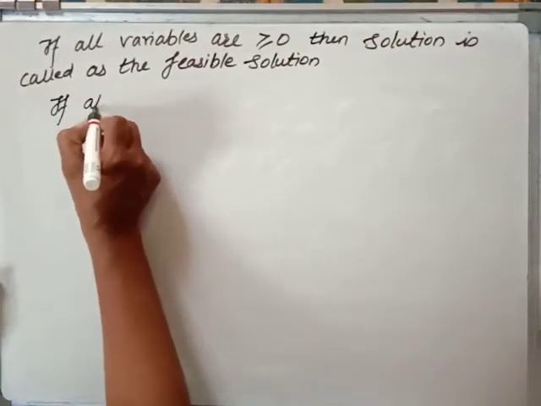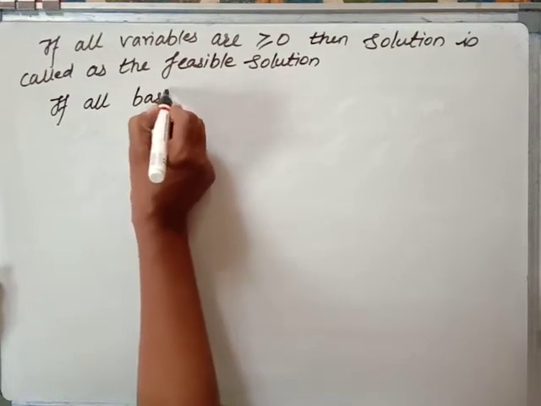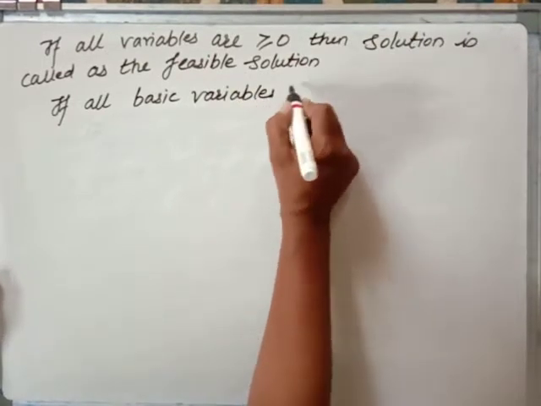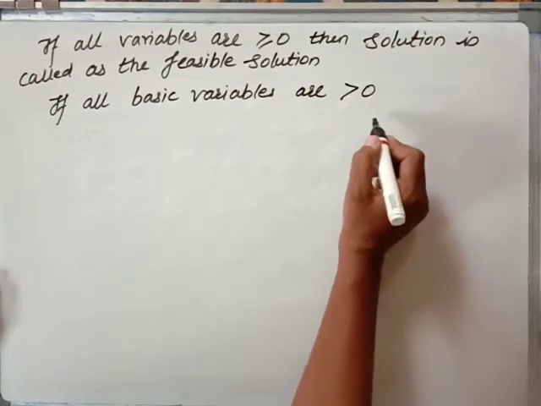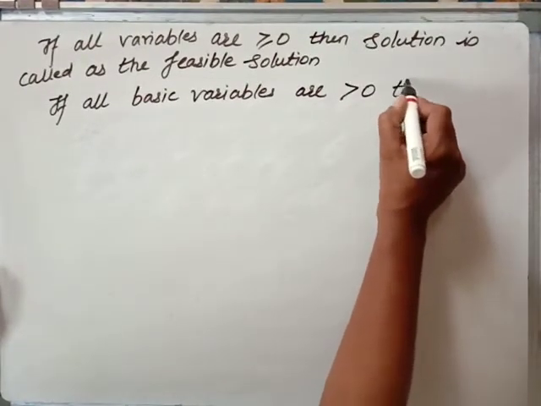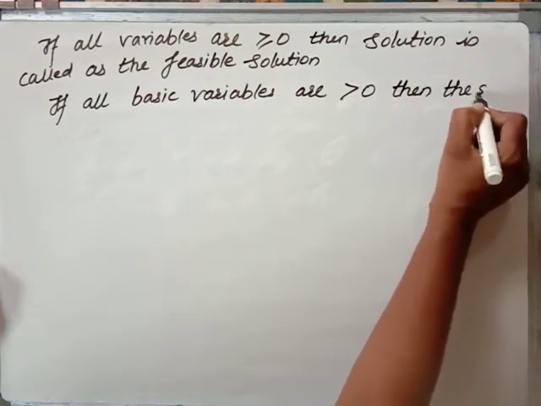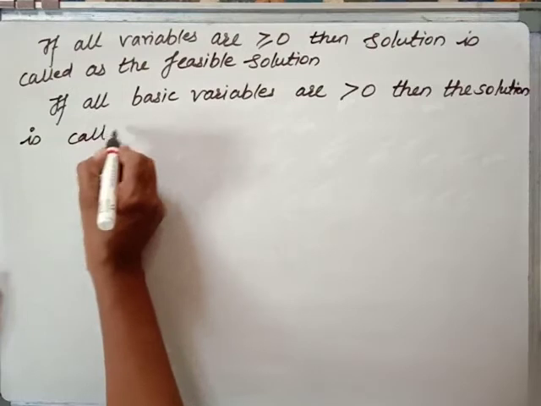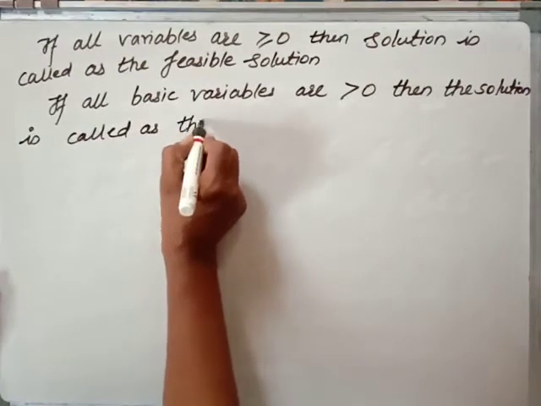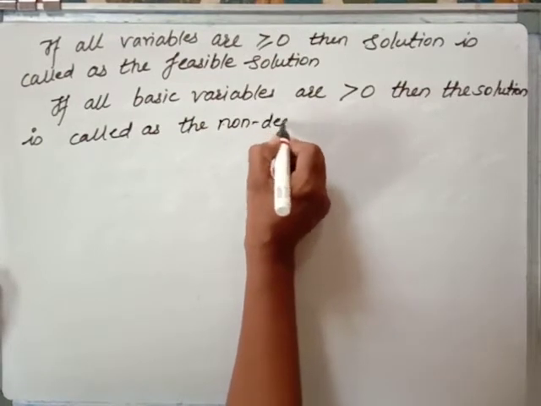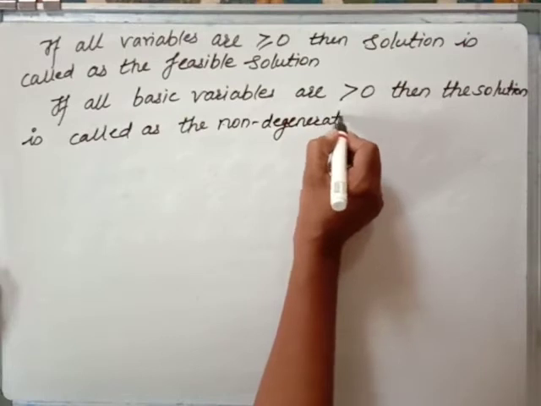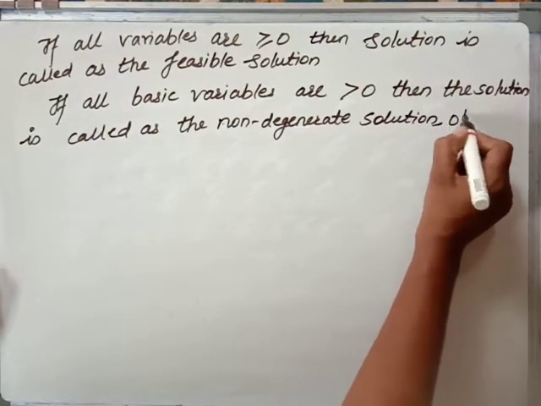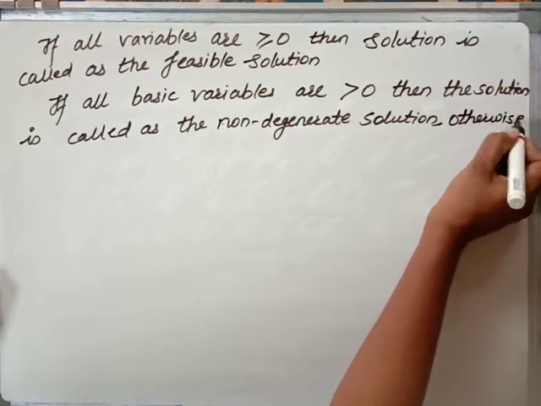If all basic variables, that are not set to 0, are strictly positive, or strictly greater than 0, then the solution is called a non-degenerate solution, otherwise degenerate.